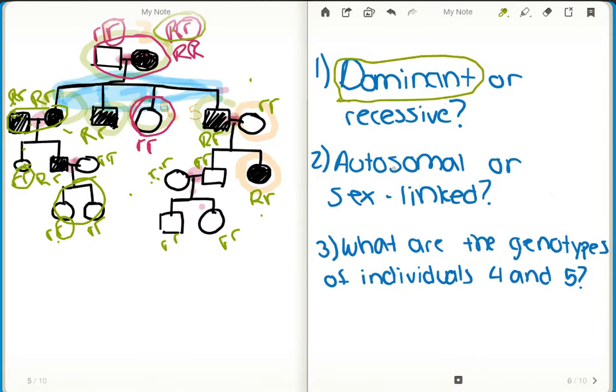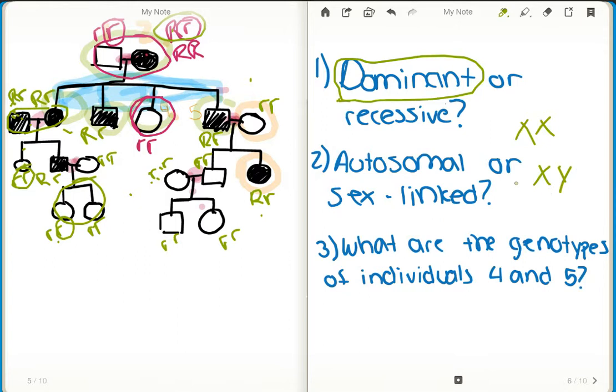So then, autosomal or sex-linked. Autosomal will be that it is carried on the first 22 pairs of chromosomes. The last pair, as you probably already know, is either XX for girls or XY for men.